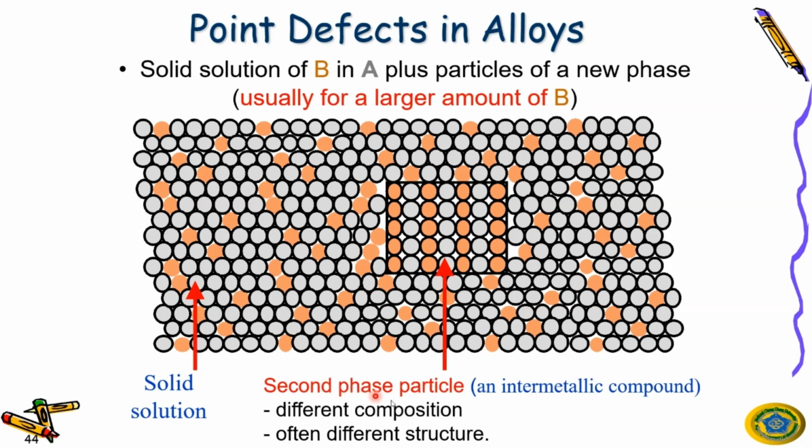So this second phase particle is an intermetallic compound. You have a different, often different, structure compared to this place. As you can see, the concentration of B in this region is higher than here, right?